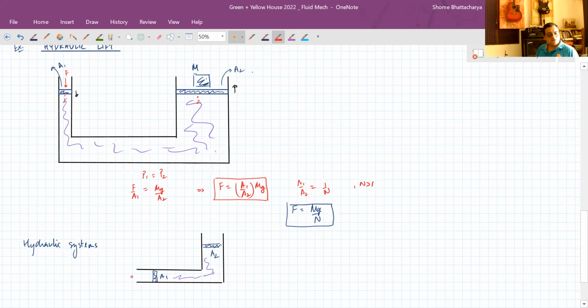So you can even apply a force in a horizontal direction. On the other side, you're generating a force which is in the vertical direction like this because of that.